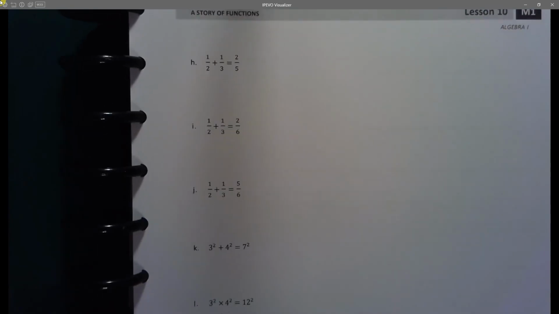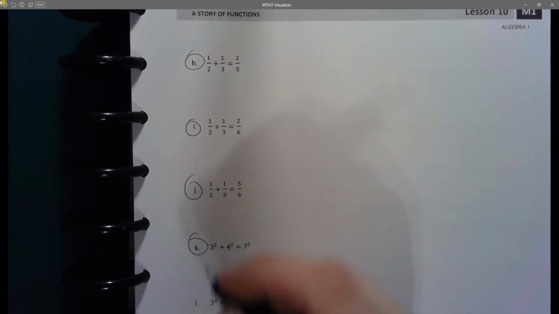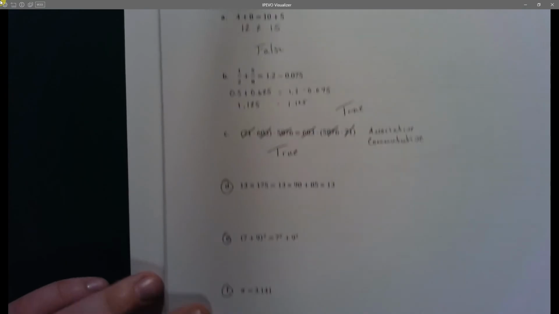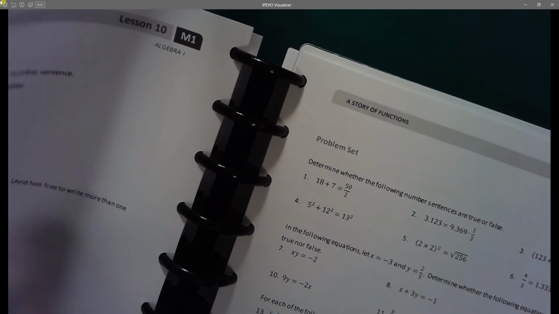All right? Do H, I, J, K, and L tonight for homework, along with D, E, and F. Do M and N as well. Do all the remaining problems. If you guys are able to get all of those correct, then tomorrow we will continue on with what's left in exercises 3, 4, 5, and 6 in the book.